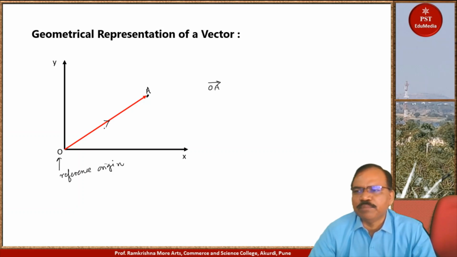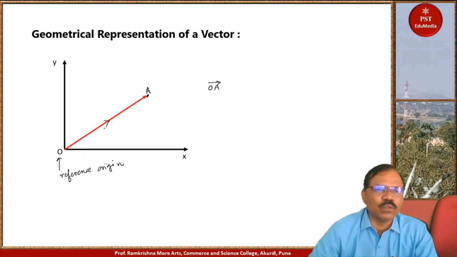A position vector simply denotes the position or location of a point in the three-dimensional Cartesian system with respect to a reference origin. Here I have taken two dimensions, but you can take three dimensions also, with the z-axis as the third axis.